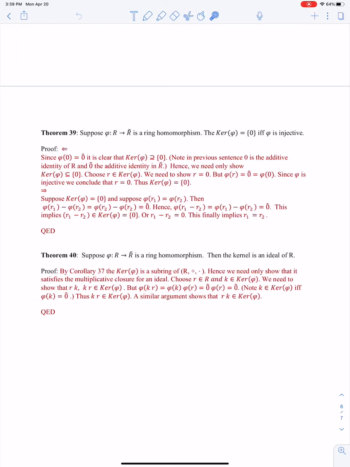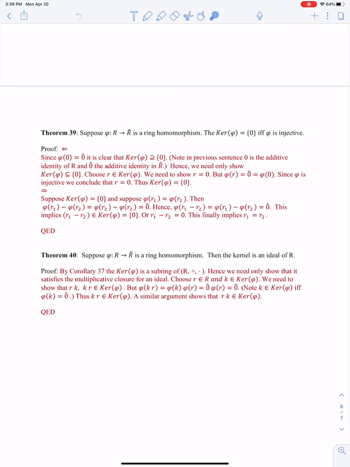Injective, recall, means 1-to-1. All right, so now I'm going to use 0 hat to indicate the additive identity of R hat, and 0 to indicate the additive identity of R. Right, so 0 hat is in R hat, 0 is in R. Now, since I know it's a ring homomorphism, hence a group homomorphism, it takes the identity to the identity, so phi of 0 is 0 hat.